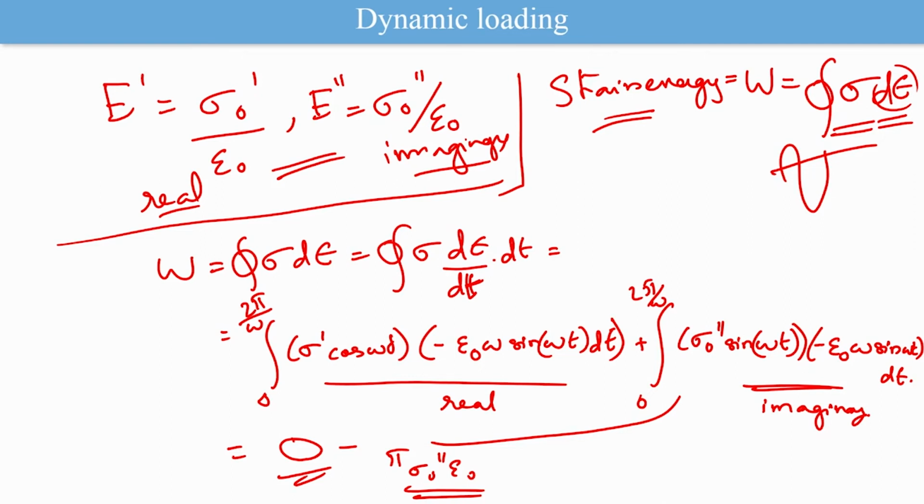That is, whatever energy was given in was given out once the cycle was complete. But at the same time, for the imaginary part, there is something that remains. That means there is an energy loss associated with the dynamic loading. Whenever you apply a loading cycle, there will be some amount of energy lost, and this energy can be lost as heat.